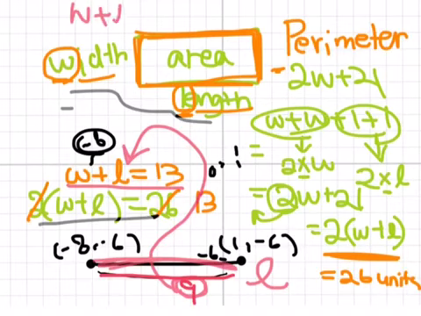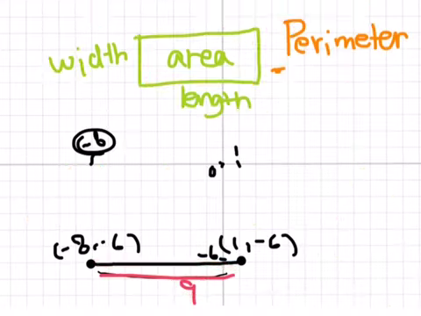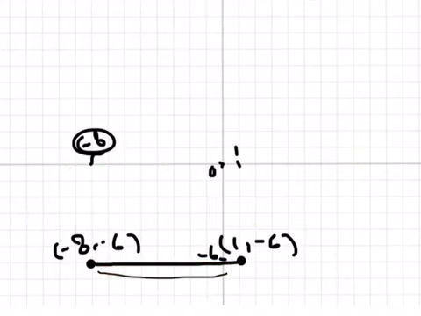W plus L, which is 9, equals 13. So W plus 9 equals 13. Boom! W is 4. Now we need to erase all this because I have no space to write. Anyways, so then it's 4.